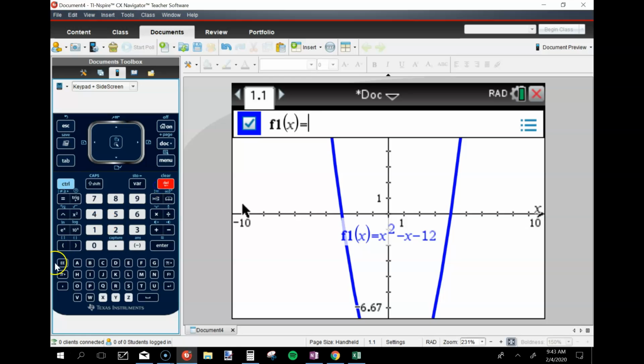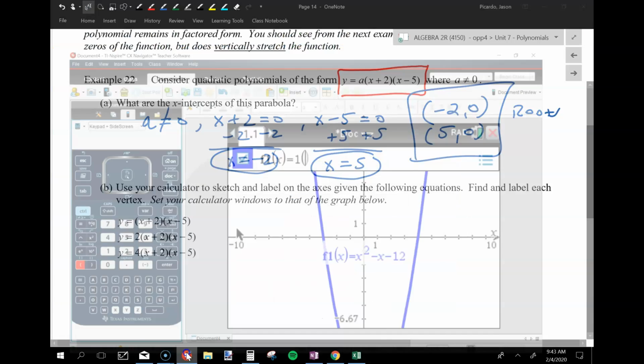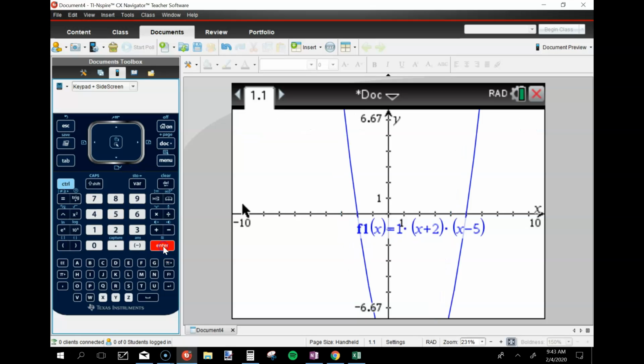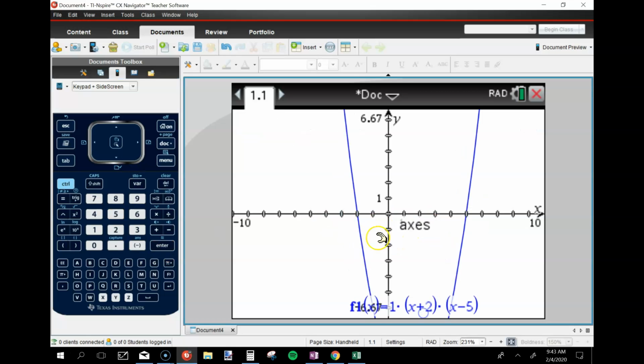So if my A value is just 1, then what were those factors? x plus 2 and x minus 5. So watch what this is. You don't have to do anything, guys. Just watch. So here's my parabola. Root of -2, root of 5. Everybody's good with that? All right, so watch what happens.